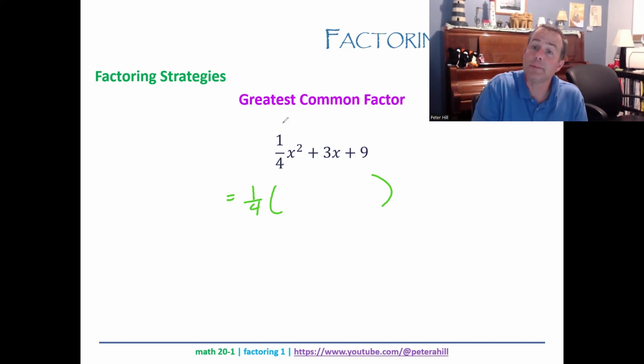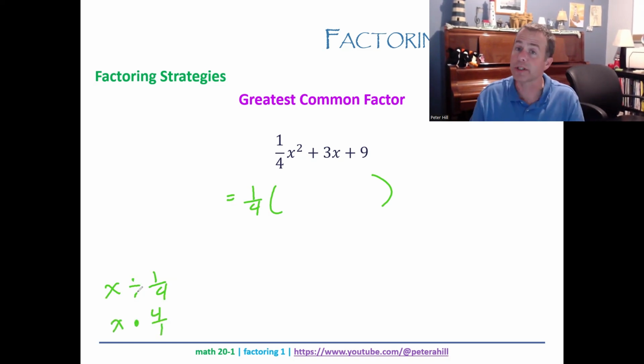Now, when I say pull out, I'm factoring out, which means I am dividing. Okay, so let's go back to junior high for a second. Let's think about our division rules. If I took something, I'm just going to say x. If I divided by a quarter, I'm actually saying x multiplied by the reciprocal, right? So dividing by a quarter is the same as multiplying by 4.